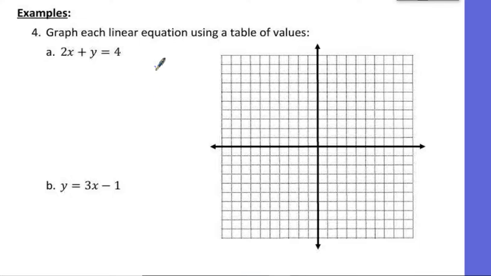So we will set up our table x, y, and we'll select some x values for that table in just a moment. Let's go ahead and get our xy axis labeled y, x, and let's get our scale. We'll go by 1 again, and so positive 5, positive 10, negative 5, negative 10 on each axis.